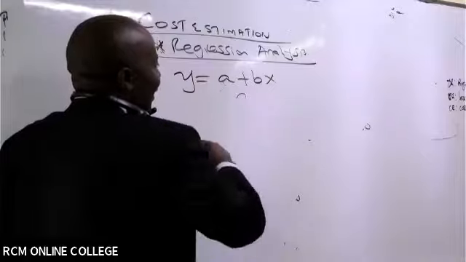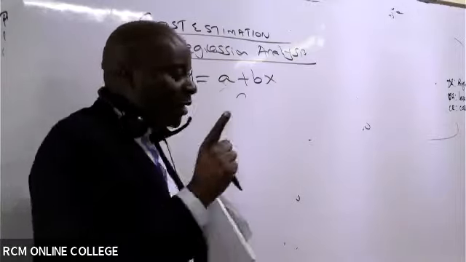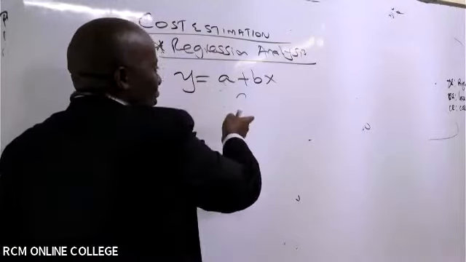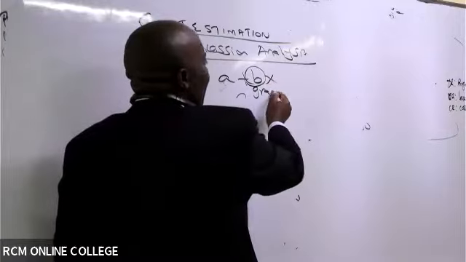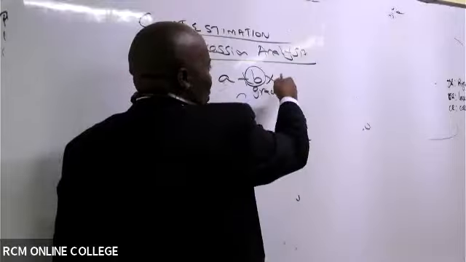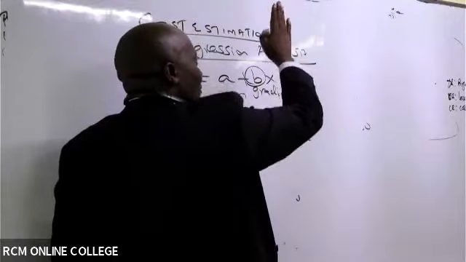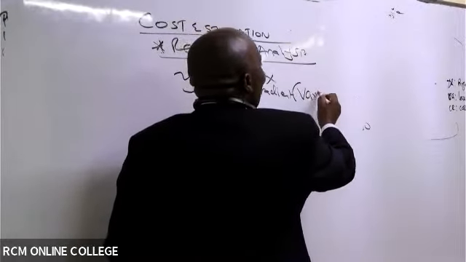For us here, constant cost will be fixed cost. And then, of course, B will be what we call the gradient. The more you produce, of course, we expect the gradient to be steeper. So this gradient basically for us will be variable cost.